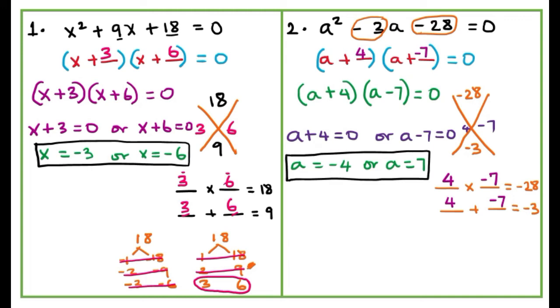And now let's get example number 3. We get 2x squared plus 5x minus 12 equals 0.